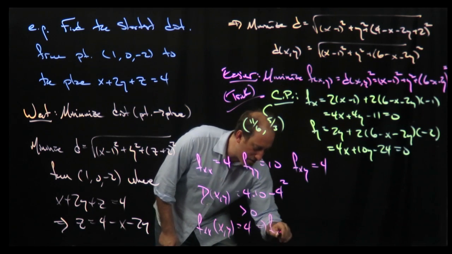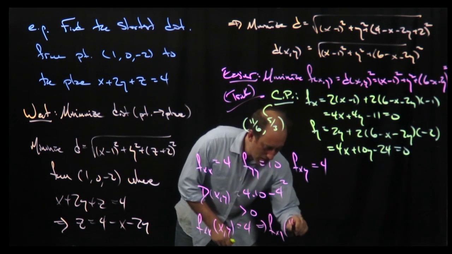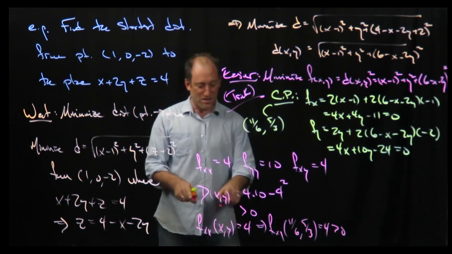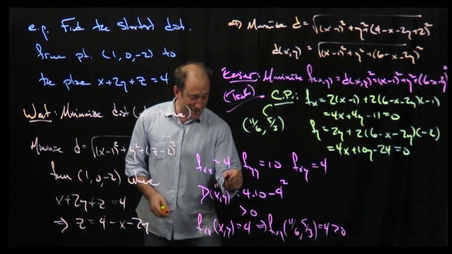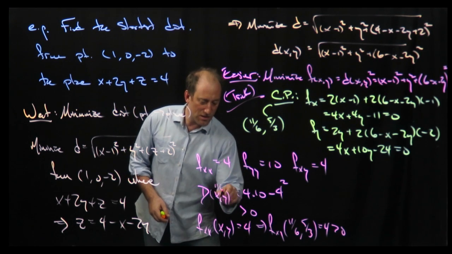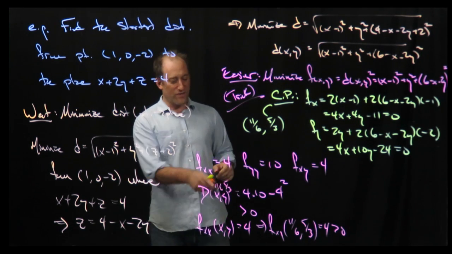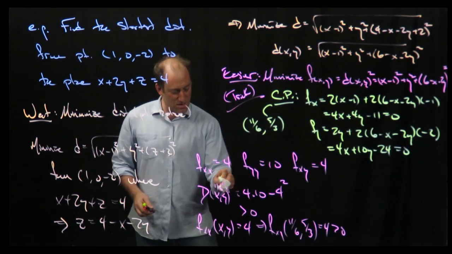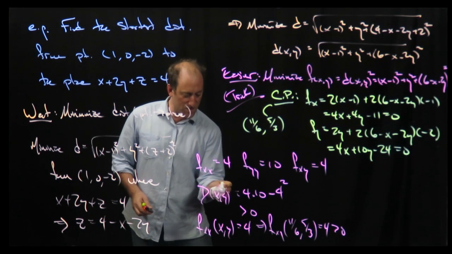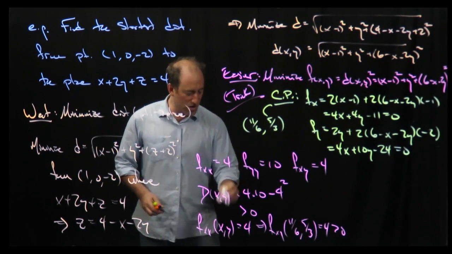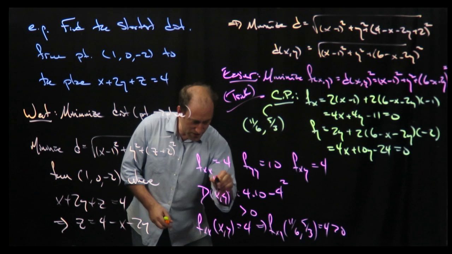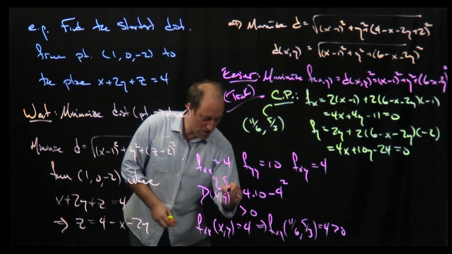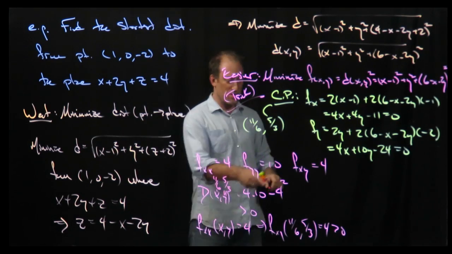So this tells me fxx at 11/6, 5/3 is also 4, which is positive. And I guess here I should have technically said I'm plugging in 11/6 and 5/3. Not that it makes much difference, because d is always 24. But it's nice to emphasize that the formula calls for the points to be plugged in. So here, really, I plugged in x is 11/6 and y is 5/3.